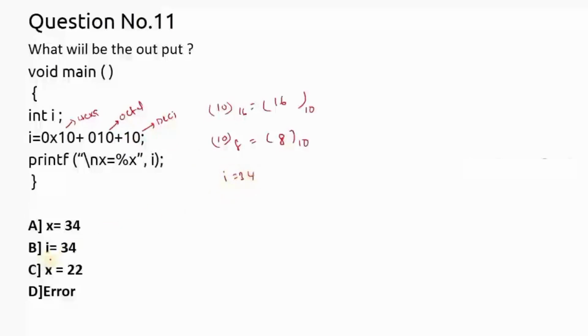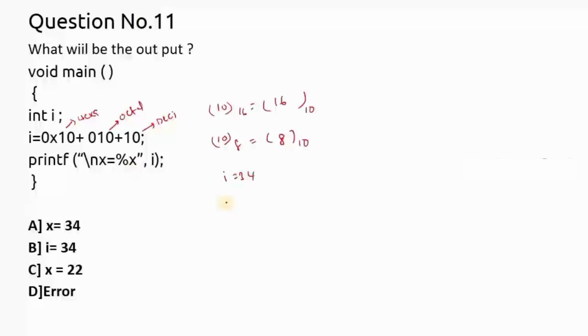Now what is the output? i equals 34? No. Now you can observe here printf x is equal to, it is given x is equal to 34. You can observe here it is not percent d, it is percent x. If here it is represented with percent d, then this answer is correct, but it is given as percent x.